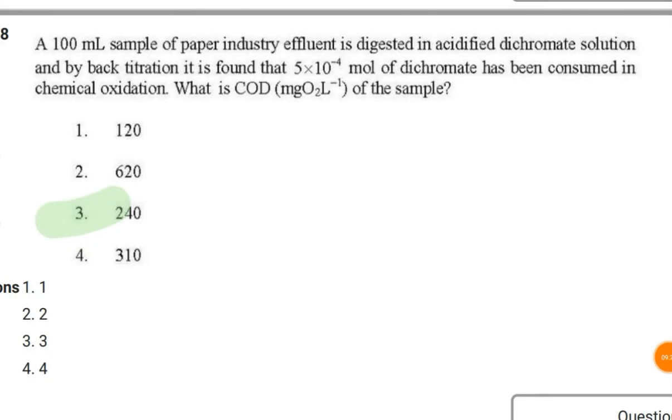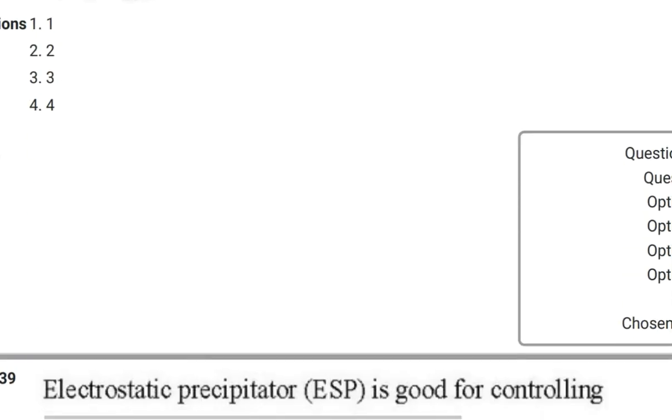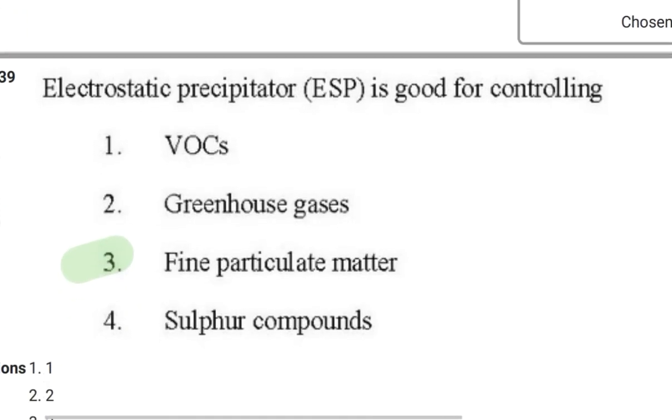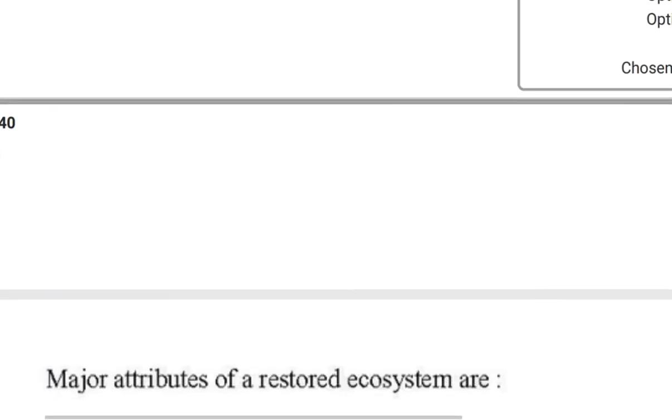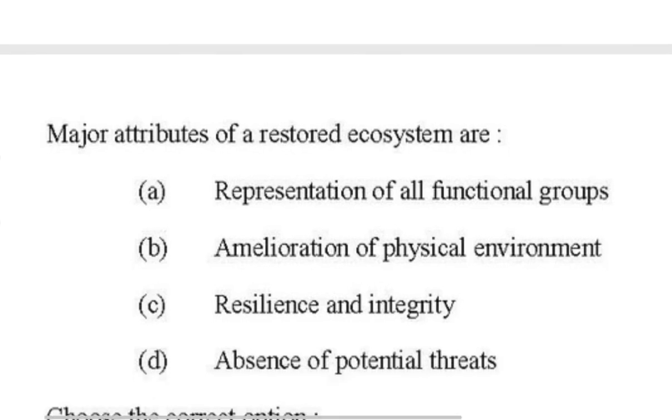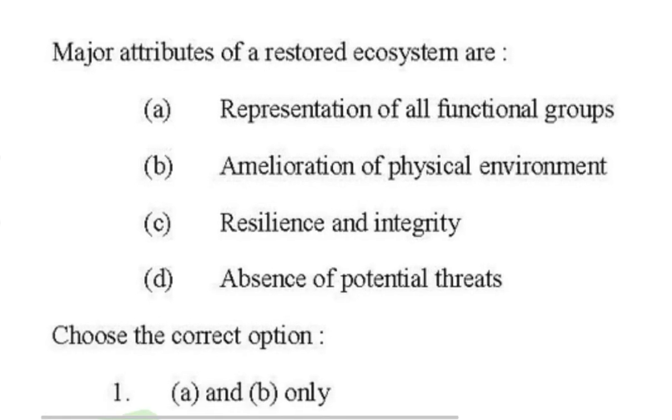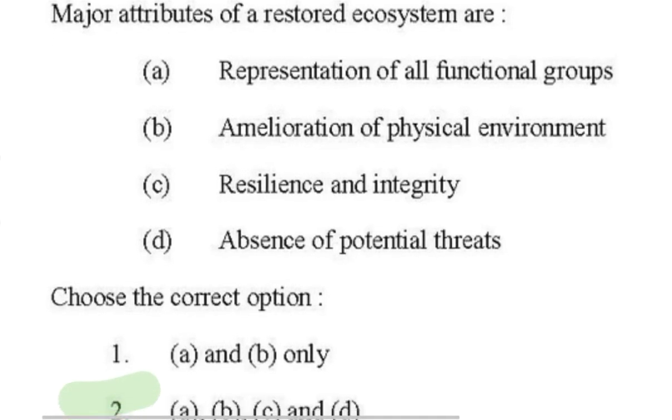So the COD is 240. Next question. Electrostatic precipitator ESP is good for controlling what? It is good for controlling fine particulate matter. Next question. Major attributes of a restored ecosystem is what?